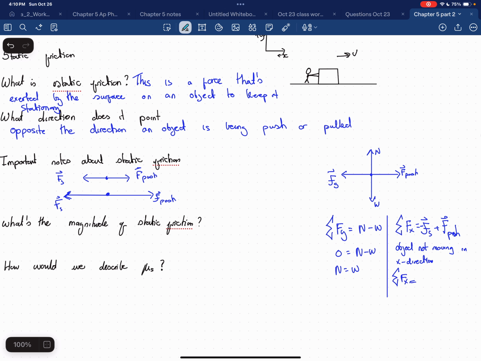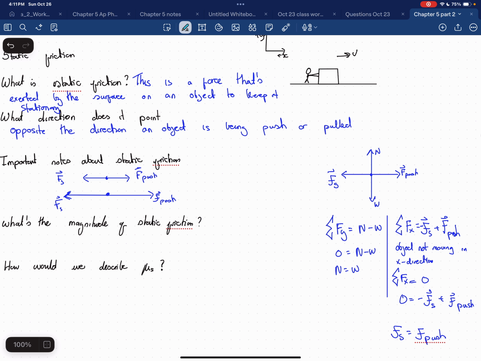So the net force in the x direction is equal to 0. It's going to be equal to minus f_s plus F push. I'm looking at their magnitudes, of course. So really, the static frictional force in magnitude is equal to the force of my push.